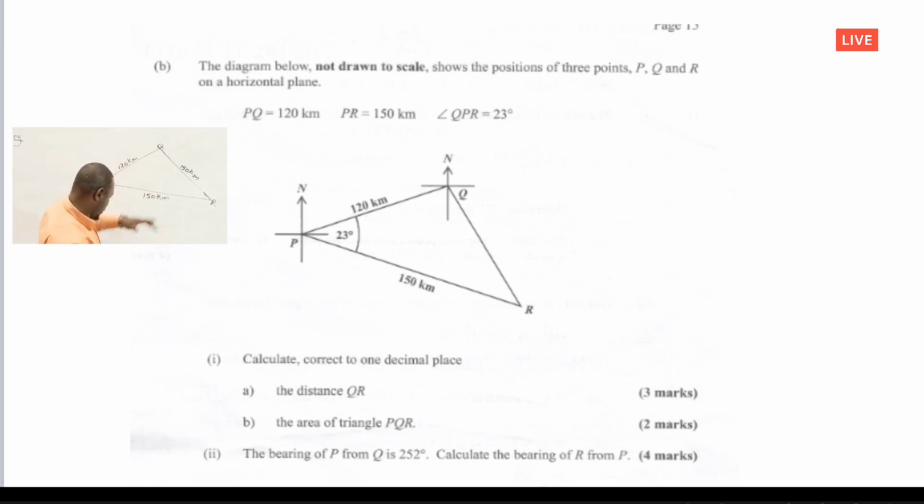Sorry, we don't have Q to R. So we have PQ, 120 kilometers, and P to R is 150 kilometers. All right? Then they're telling us here that this angle is 23 degrees at P. Good?